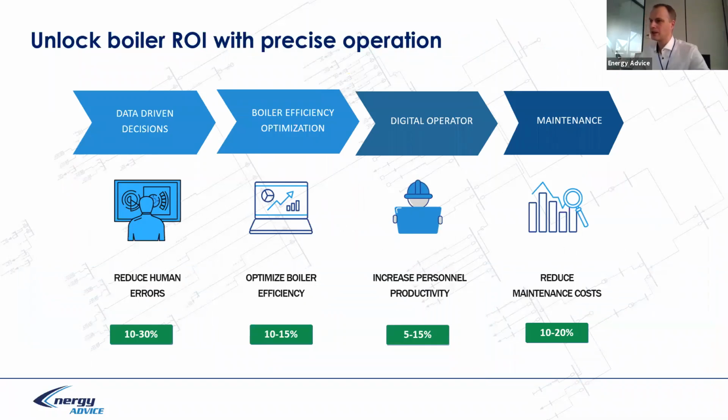And unlock boiler return on investment with precise operation. It's data-driven decisions. First, your decisions are made on data you get, and reduce human errors, for example, 10 to 30%. Operate the boiler at optimized efficiency.